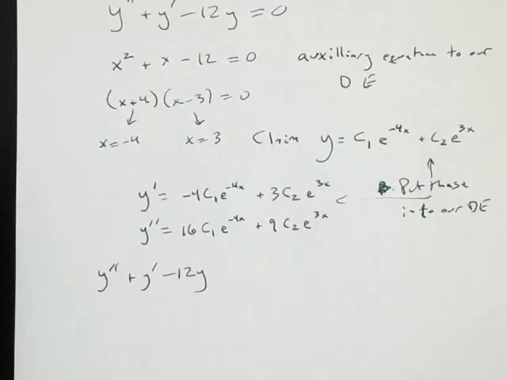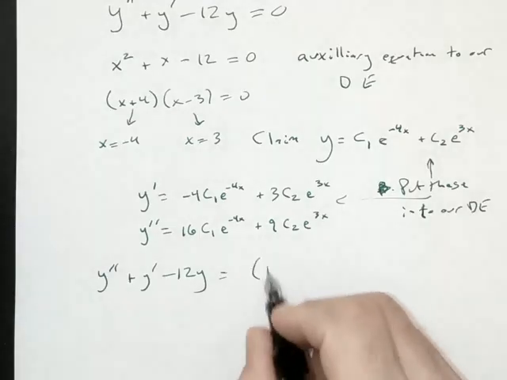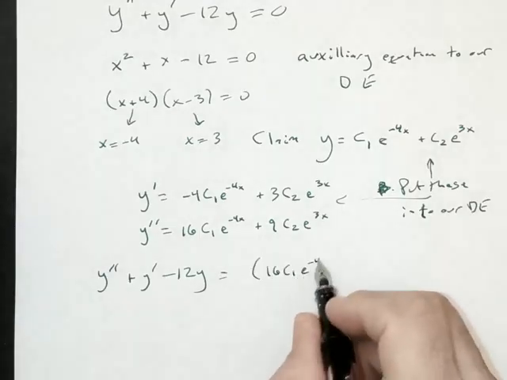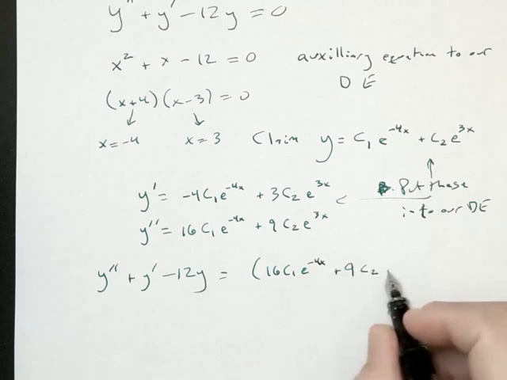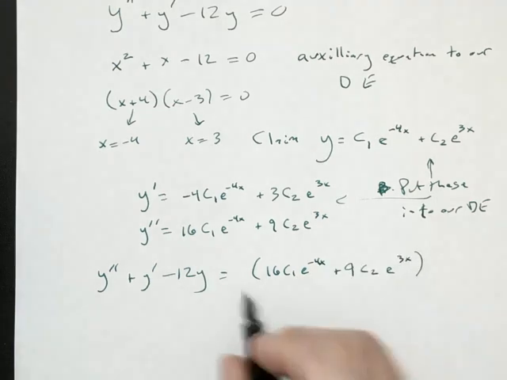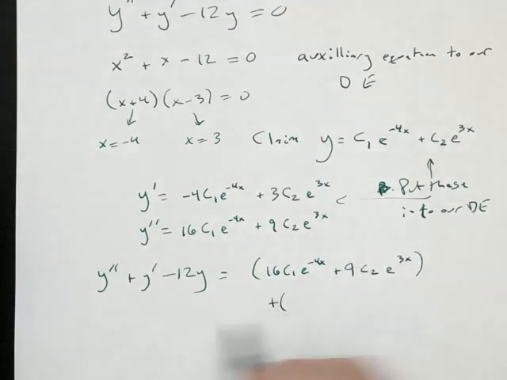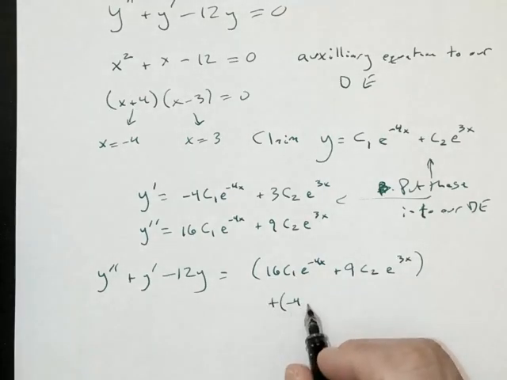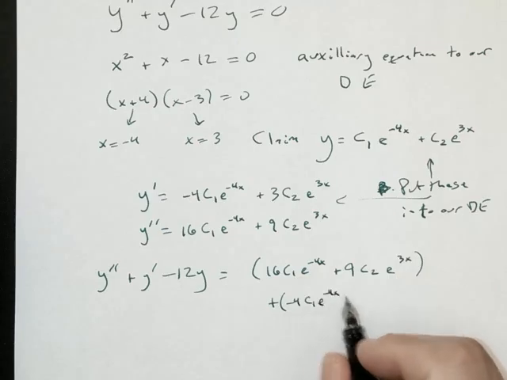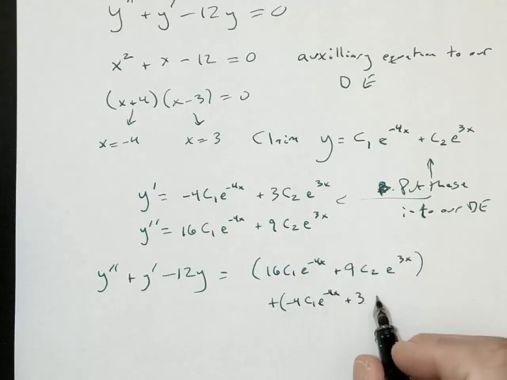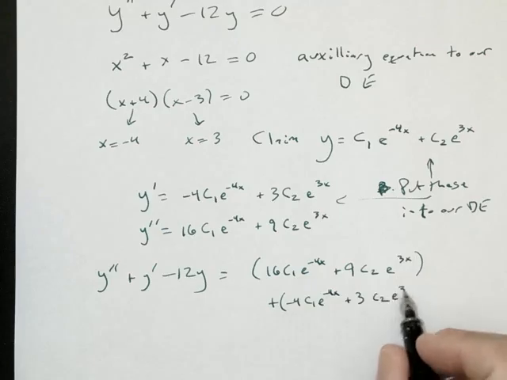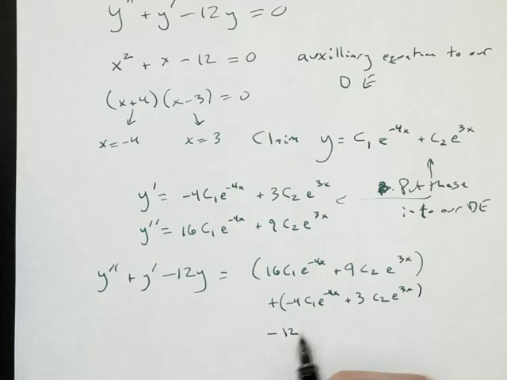If I'm right, we should get 0. 16 c1 e to the minus 4x plus 9 c2 e to the 3x, plus y prime, minus 4 c1 e to the minus 4x plus 3 c2 e to the 3x, minus 12 times y, c1 e to the minus 4x plus c2 e to the 3x.